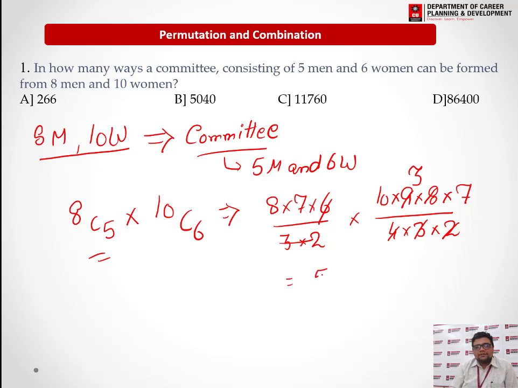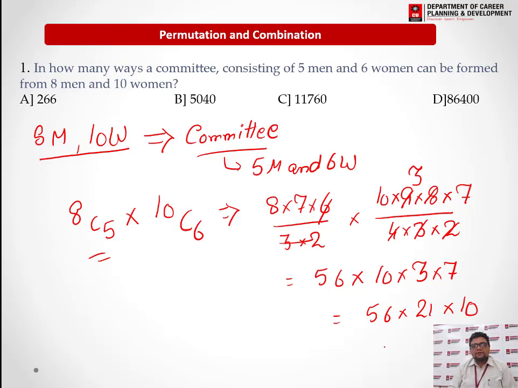This is 8 into 7, that is 56, multiplied by 10 into 3 into 7. It will be 56 into 21 into 10. You can solve this value easily. If you solve this, the value comes out to be option C, which is 11,760. This will be our correct answer for this question.